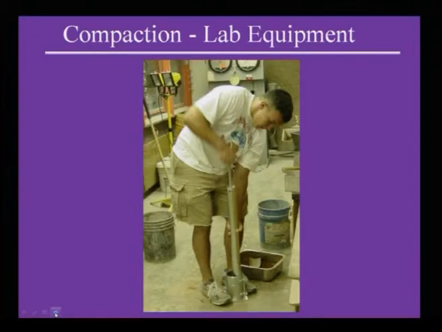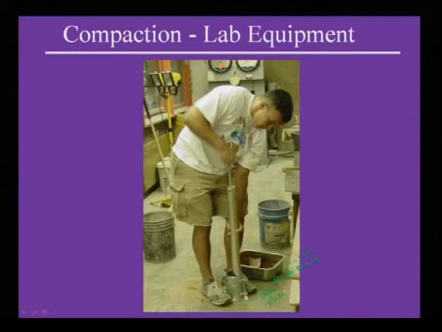Look at this. In this laboratory, this is your base plate, and this is your standard Proctor mold, and this is your collar. With all fixed, take the soil sample and add some water, then place it and compact it.